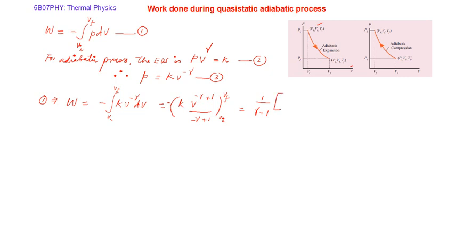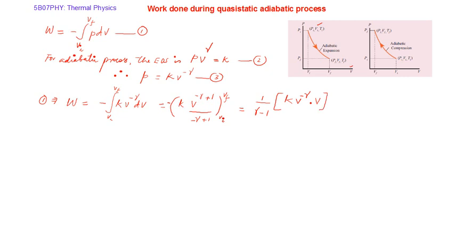So what is left out is k v raised to minus gamma plus 1. Let me do one thing. I am separating that as k v raised to minus gamma times v. Nothing wrong in it.